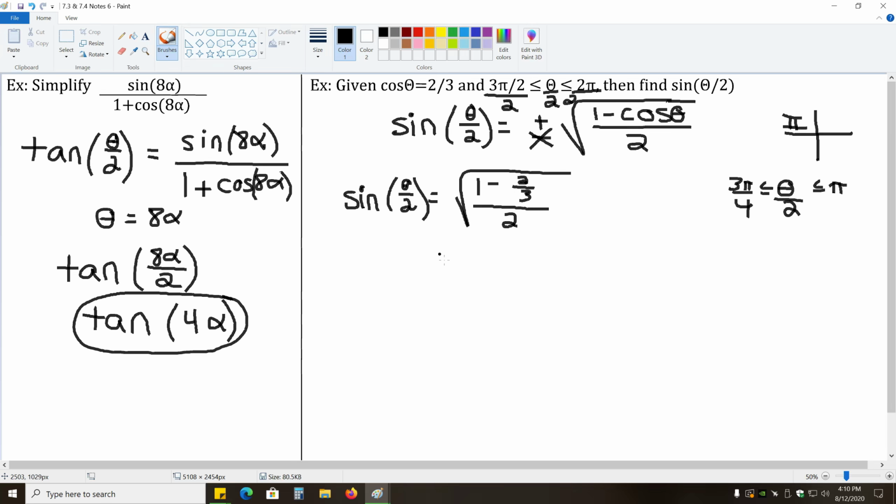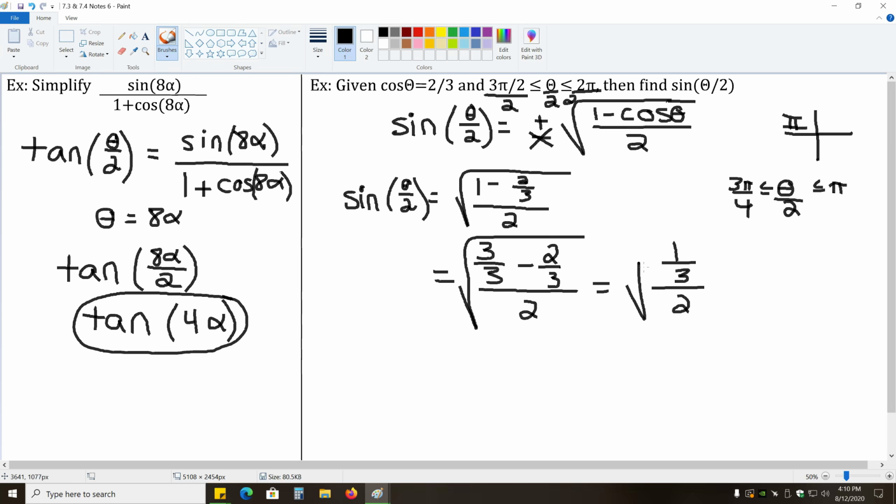So we can start simplifying from here. 1 minus 2/3 we can rewrite as 3 over 3 minus 2/3, all over 2. Remember, 1 is the same thing as any number over itself. From here, 3 minus 2 gives us 1 over 3 all over 2.